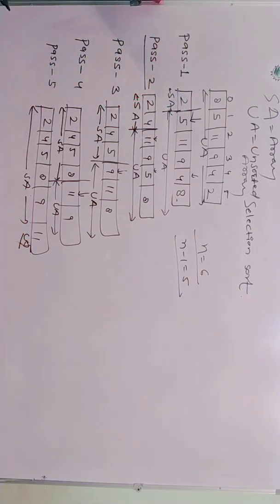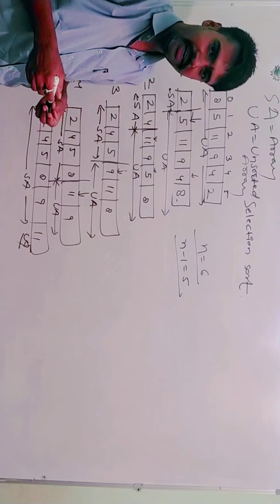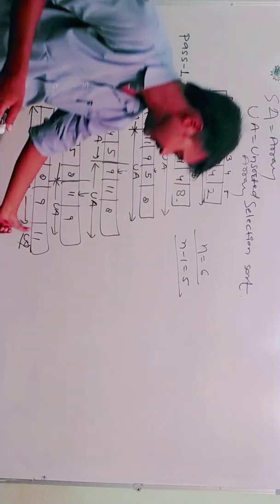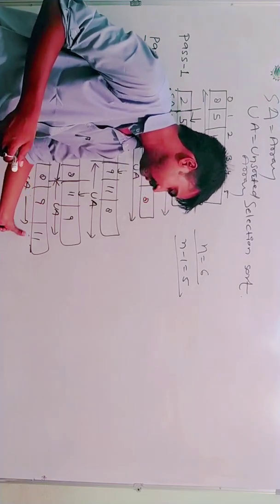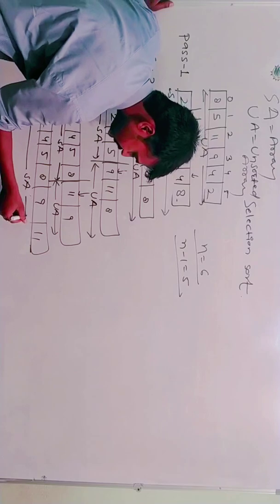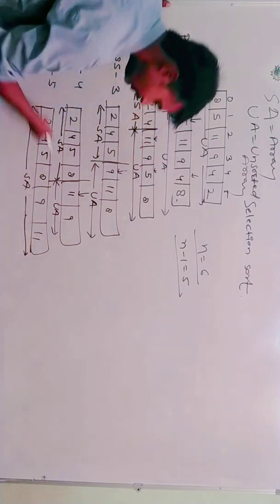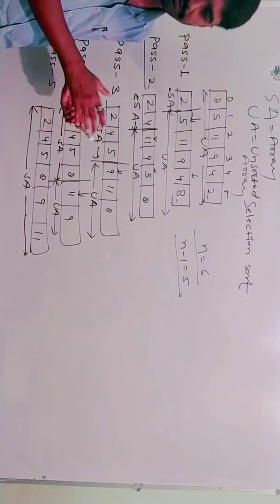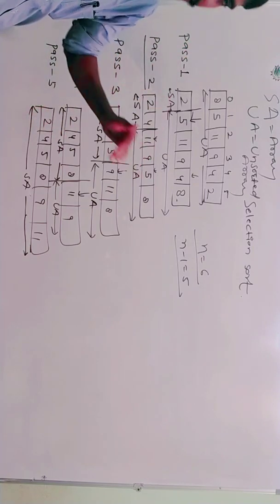Okay. Now the last element in selection sort, if you apply the selection sort algorithm, is always the maximum element in this array. So the whole array is in sorted form, in ascending order.